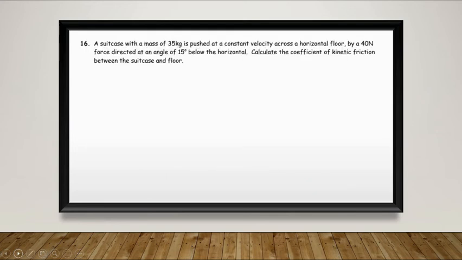And then our very last question for today: we have a suitcase with a mass of 35 kilograms being pushed at a constant velocity across a horizontal floor by a 40 Newton force directed at an angle of 15 degrees below the horizontal.